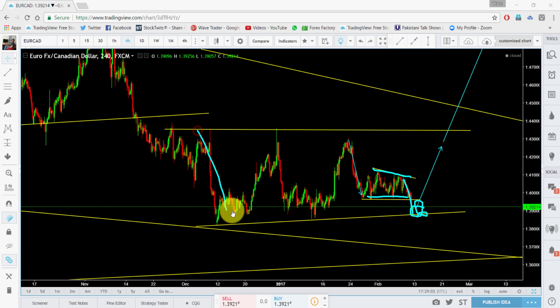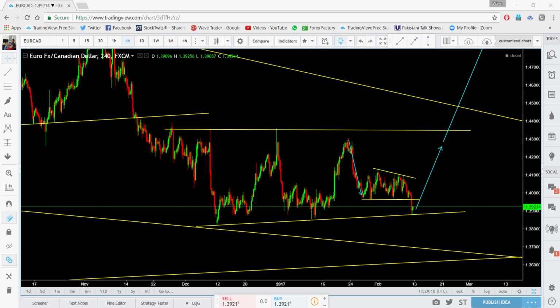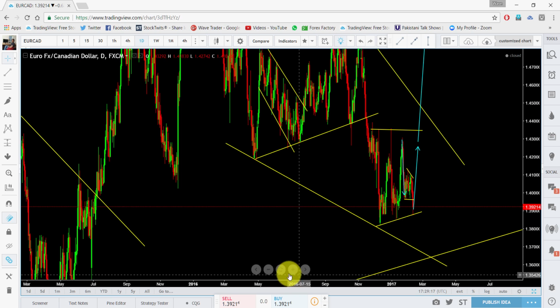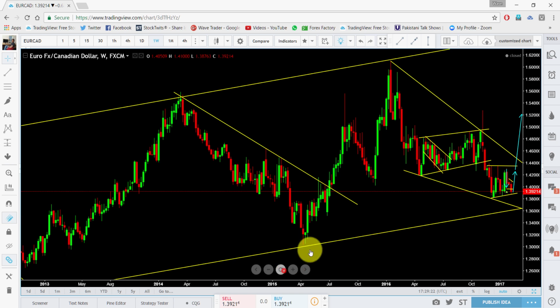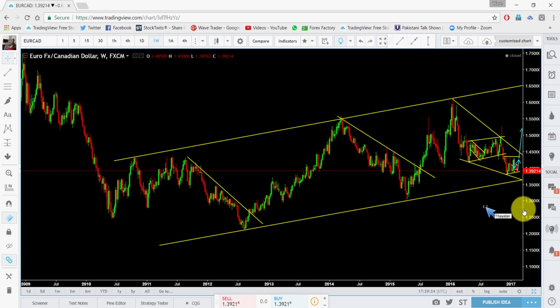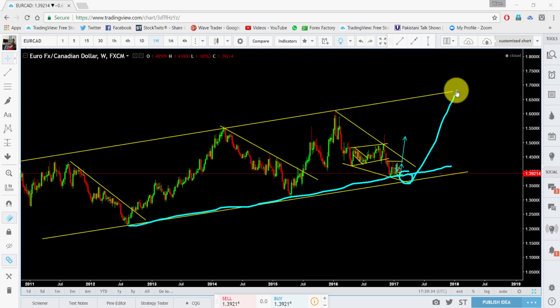This is the move we are going to look for. Be careful, a breakdown is possible, it can break down, because you can see there is still room there. Price hasn't hit the weekly trend line. This structure hasn't been tested by the price yet, so it can break down. We are looking for a longer run to the upside.